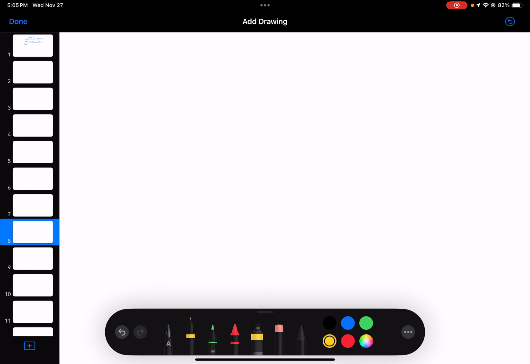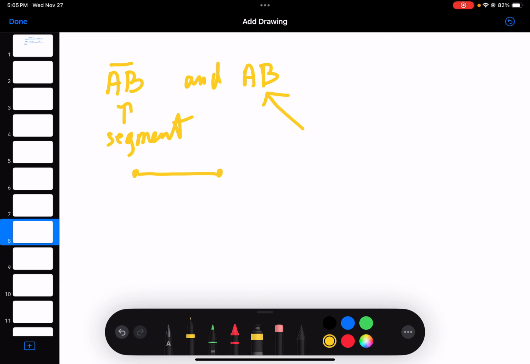Okay, as a review from earlier, remember the difference between AB this way, right? What is the difference? So AB with a bar represents a segment, right? This is a segment. But AB represents the length of that segment.